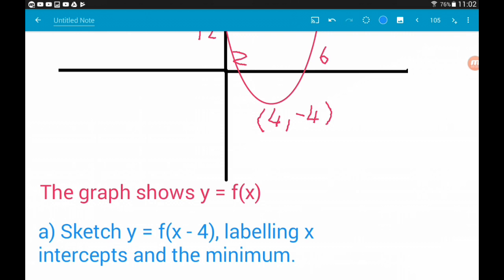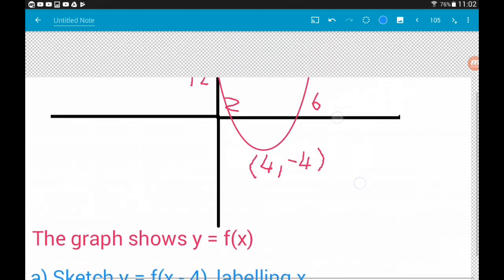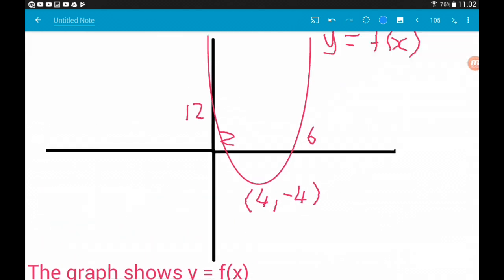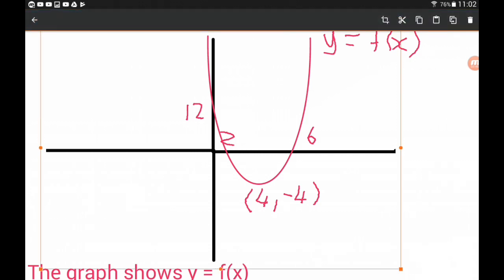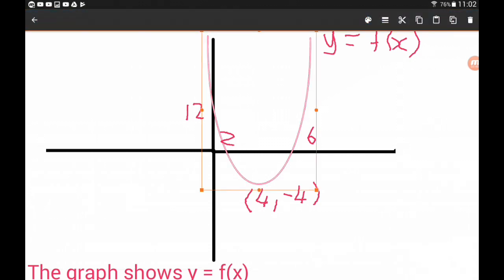So, f of x minus 4 is going to give us a translation 4 places to the right. So the graph isn't moving up or down at all. Copy the graph.